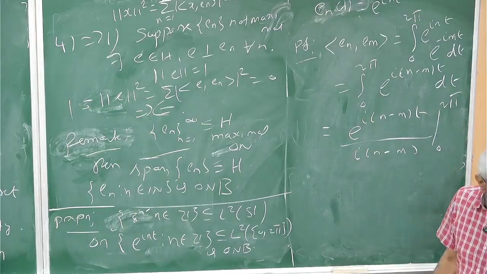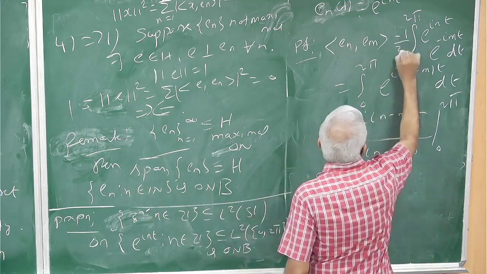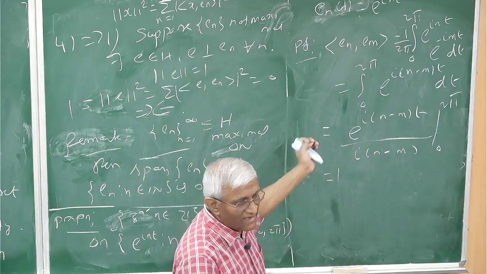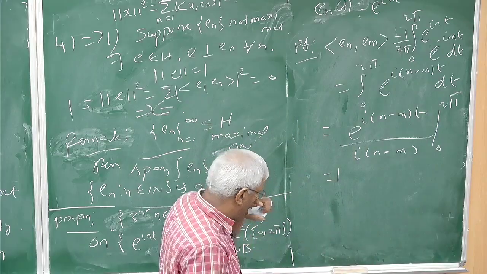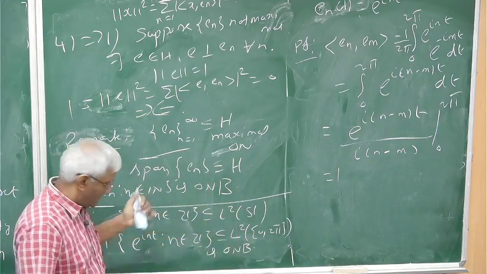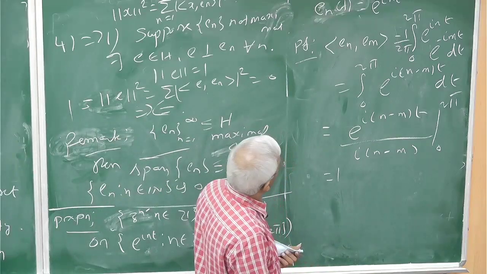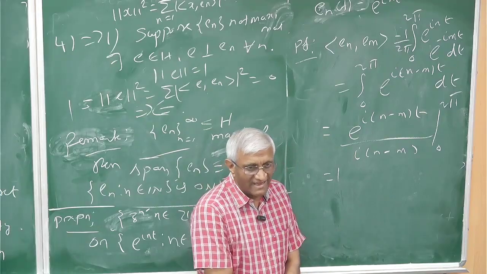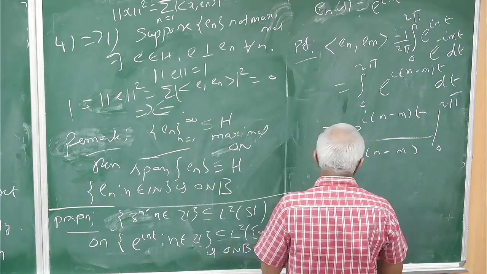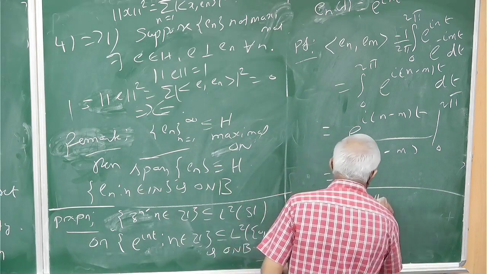Which is equal to, no, you need a 1 by 2 pi. You can define the inner product to have 1 by 2 pi. Maybe I should have said it earlier. So let's come back to L2 of 0 to 2 pi.